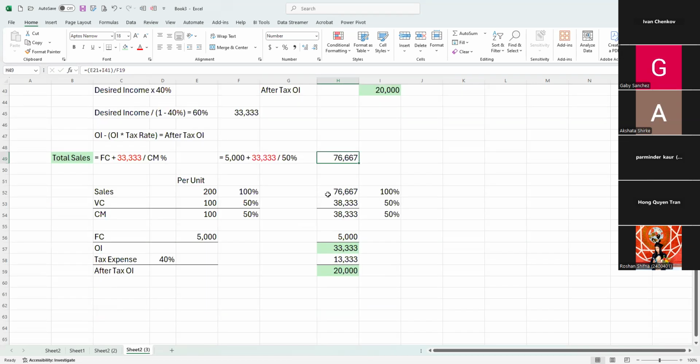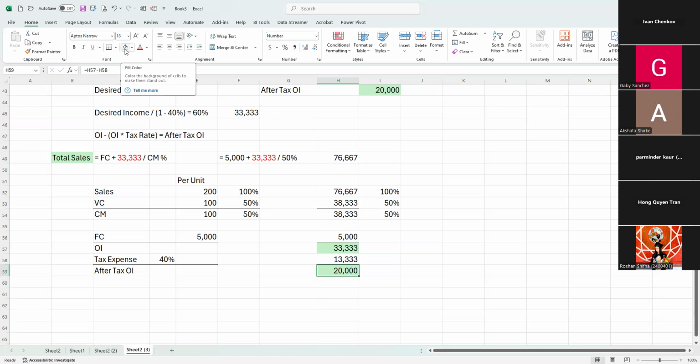So if I plug here 76,667, my variable cost will be 38,333. My contribution margin will be 38,333. My fixed cost is still $5,000, but that gives me operating income of 33,333 minus the tax expense, which is going to give me now after-tax operating income of $20,000, which I wanted.